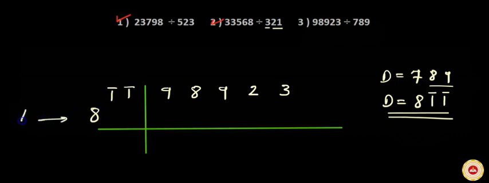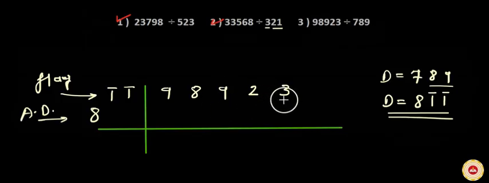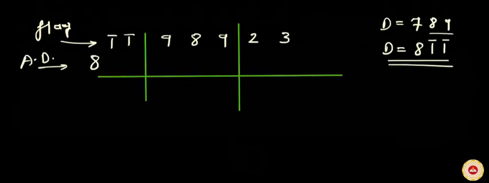See, this 8 is the actual divisor, and these two negative ones are the flag digits, that means the flag. There are two digits in the flag, so let us leave two digits from the right side and draw the decimal line. Now let us start the division process.